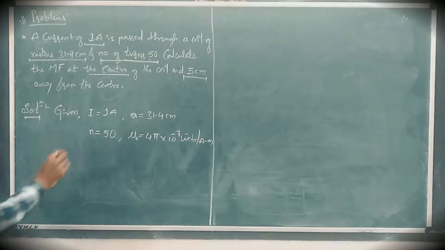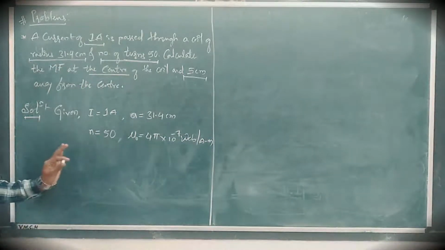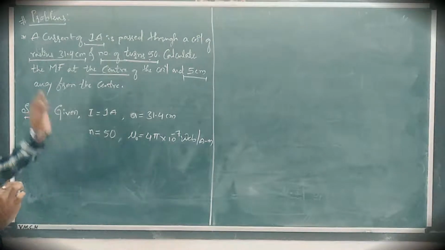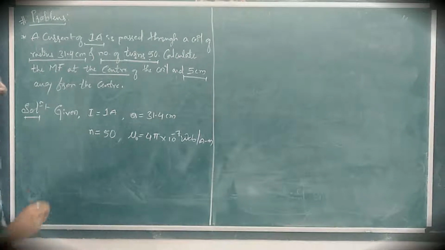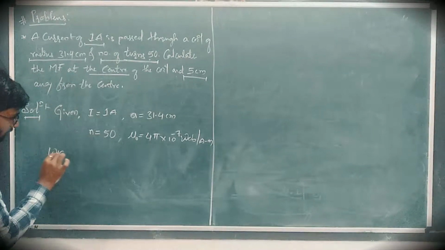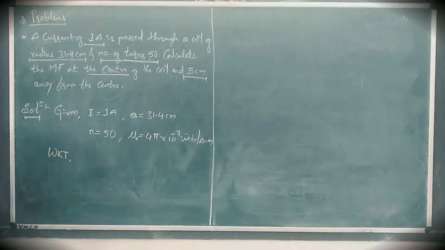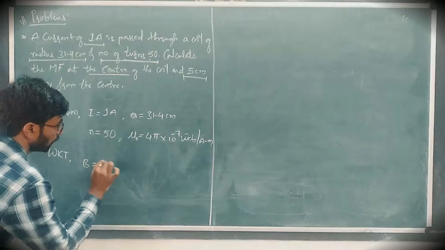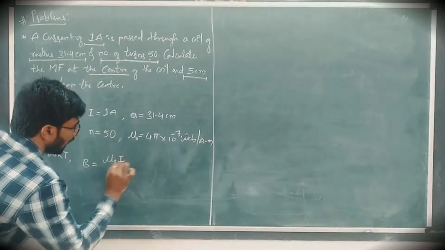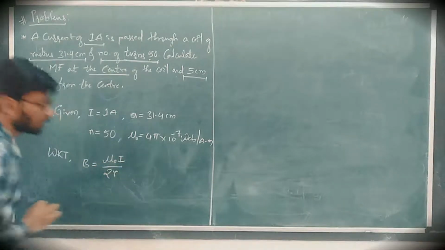These are the given things, and from them I am going to find the magnetic field at the center of the coil. We already know the formula for the magnetic field at the center of a coil: B is equal to mu naught I by 2R.